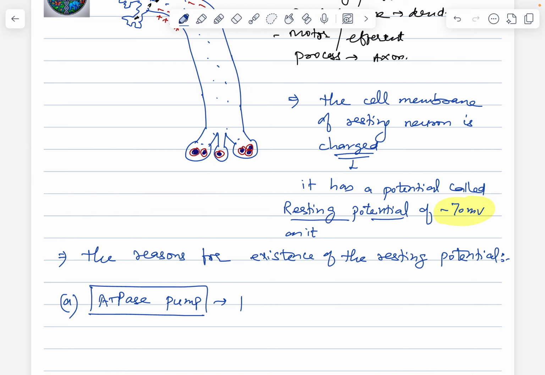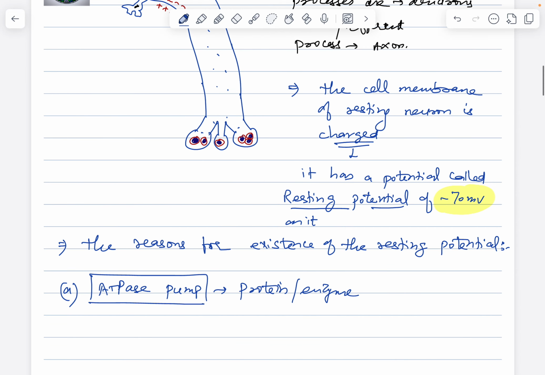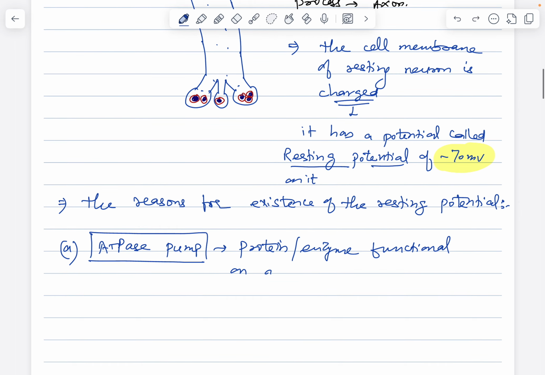ATPase pump basically is a protein, or enzyme we can say, which is functional on all biological membranes of all living cells at all times.